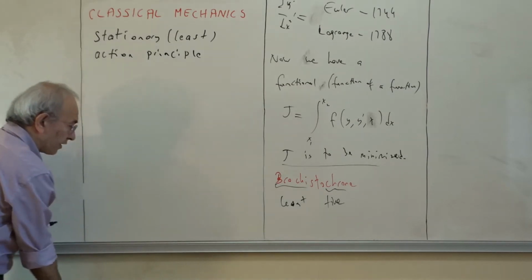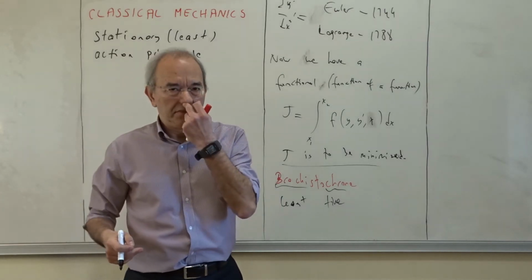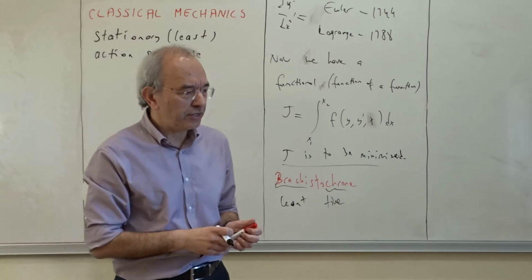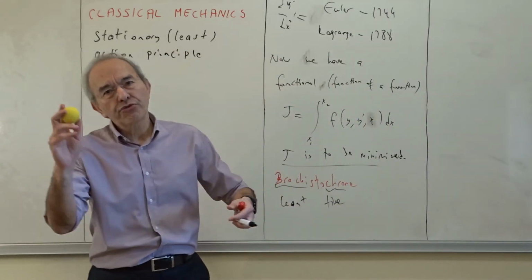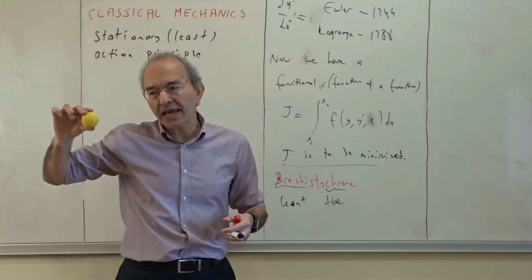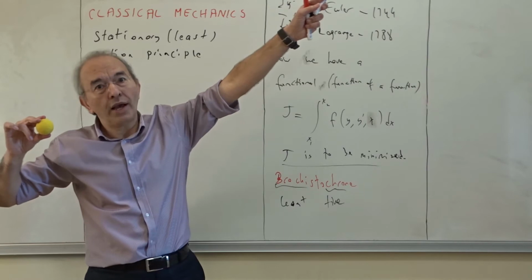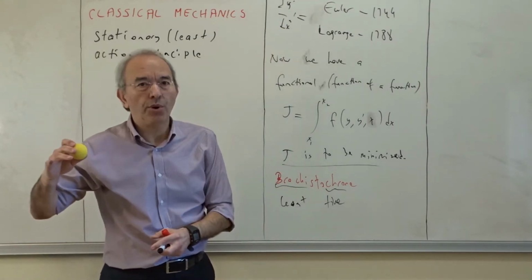For instance, if you throw something into the air, we take a certain ball and just throw it from an initial point x1, y1 here to a point x2, y2 over there, somewhere lower than the initial point.